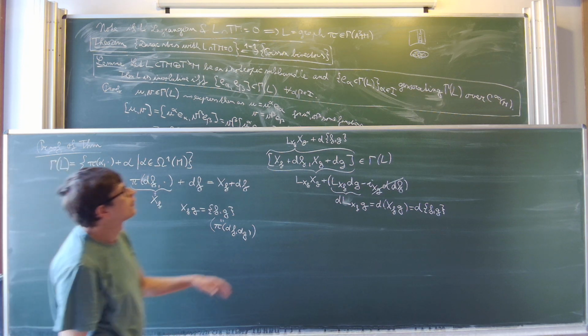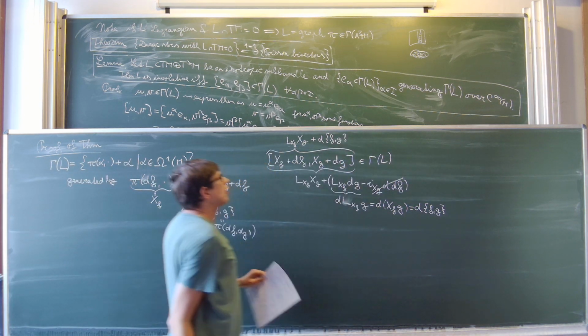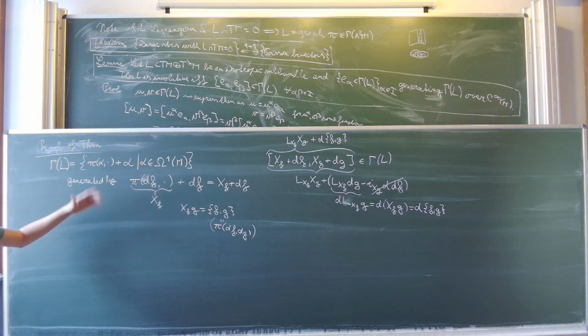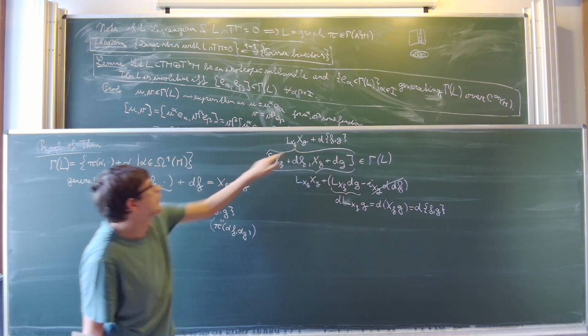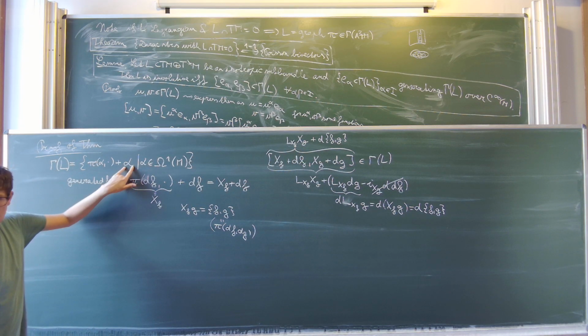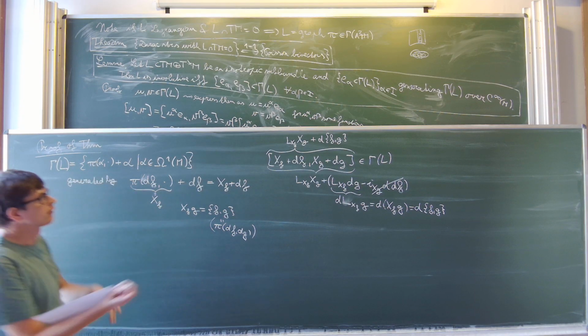Now the thing that we want to check is when this is inside gamma of L. If it is of this form, it means that this is alpha, and the first part has to be pi of alpha.